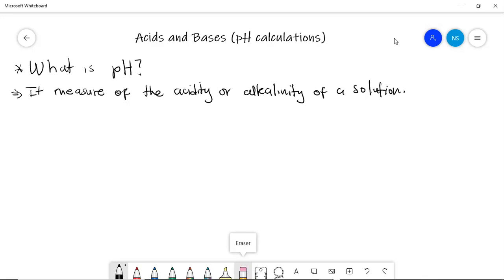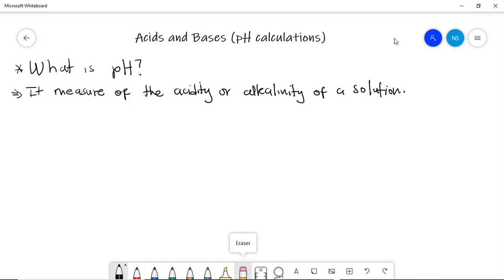So that's why pH is used to measure the concentration of hydrogen ions or hydronium ions, and therefore it tells us whether a substance is acidic or basic. That's what I wanted us to understand.